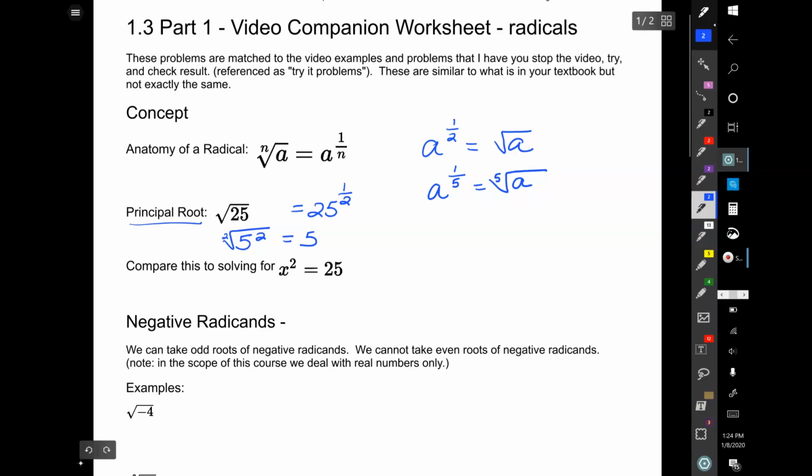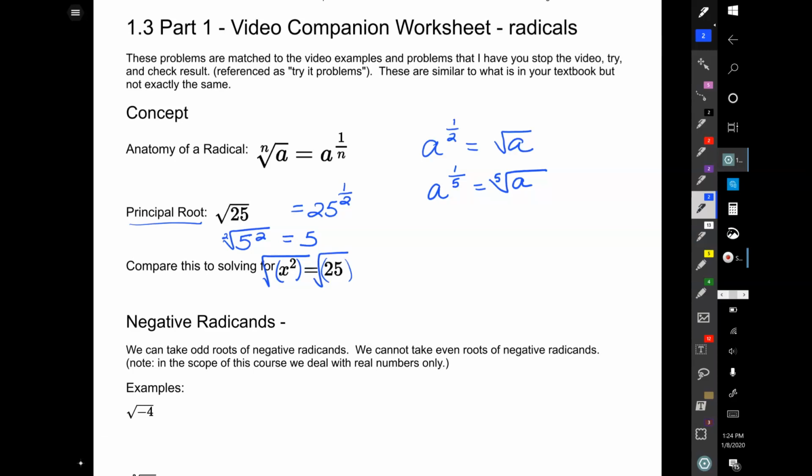But if I compare to this x squared equals 25, if I'm solving, then I would have to say, okay, I'm going to take the square root of both sides, or I'd be like raising it to a 1/2 power, and that's where I'm putting parentheses around, and I'm actually taking the square root of x squared on the left hand side and the square root of 25 on the right hand side.